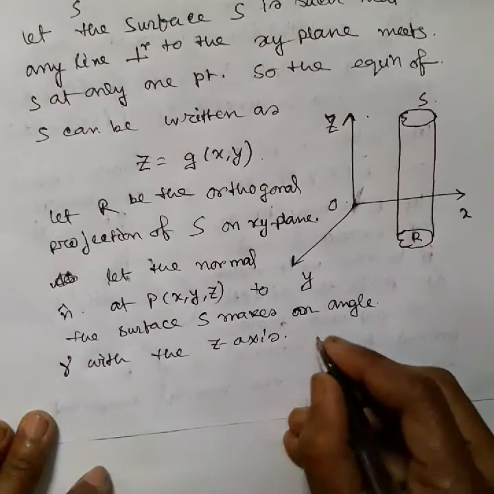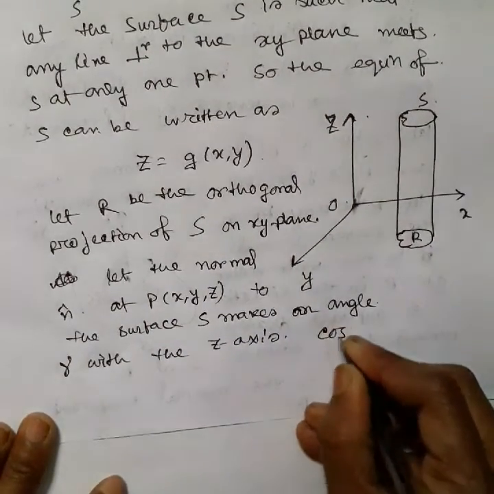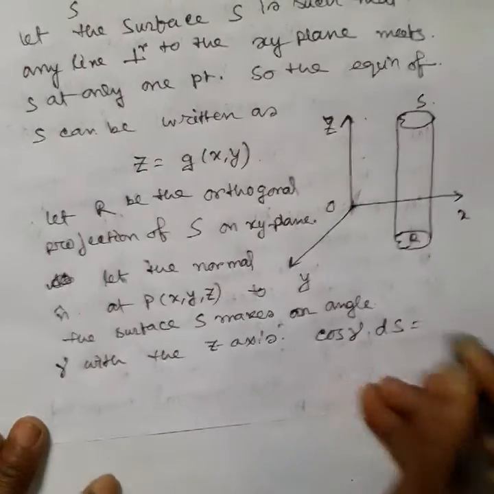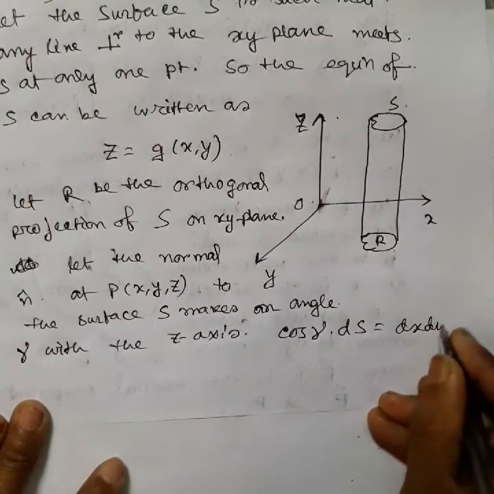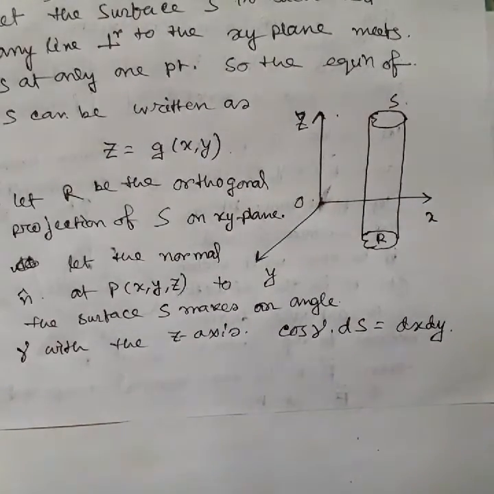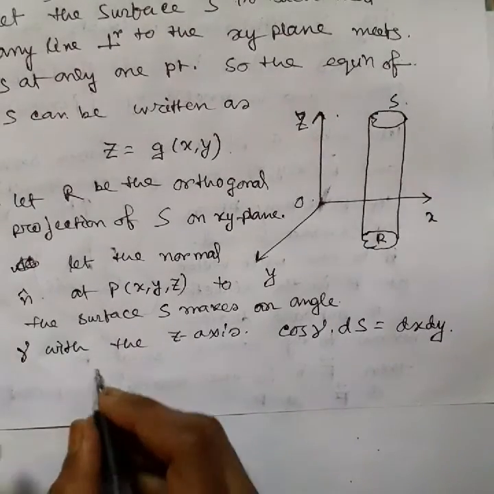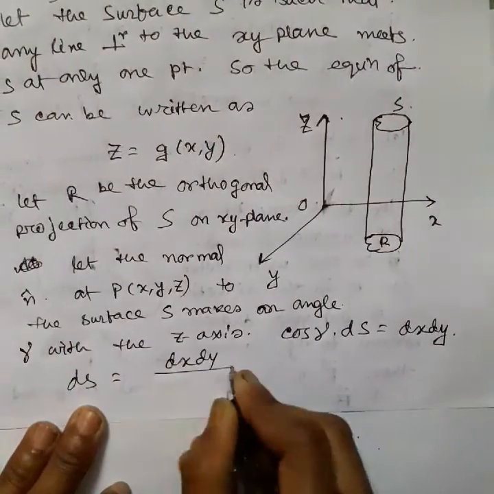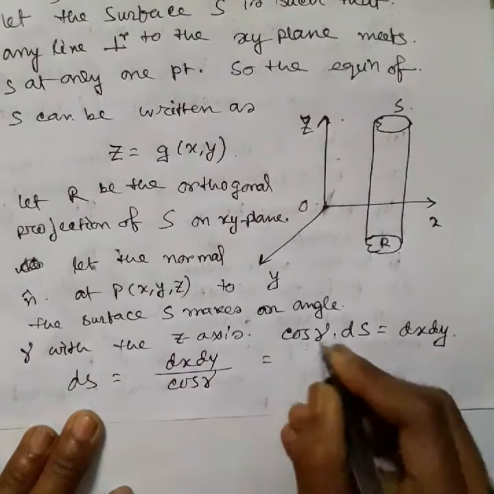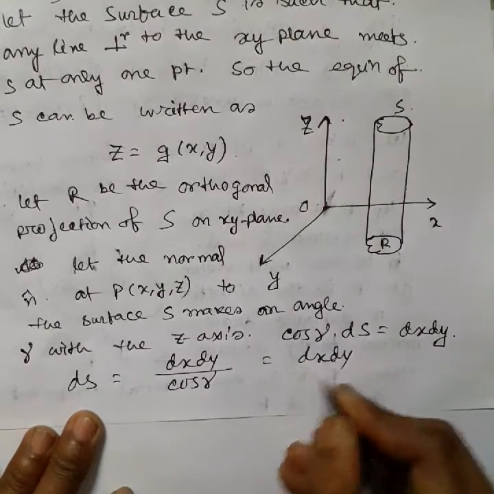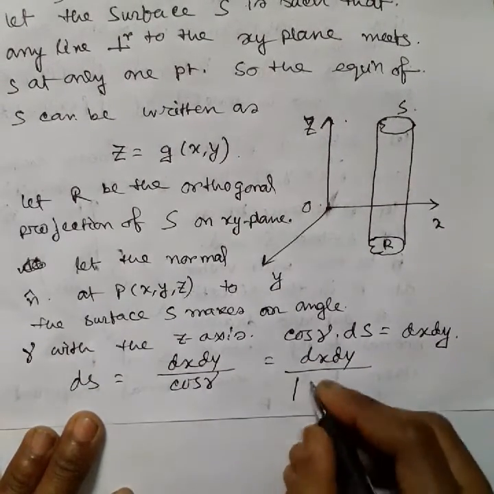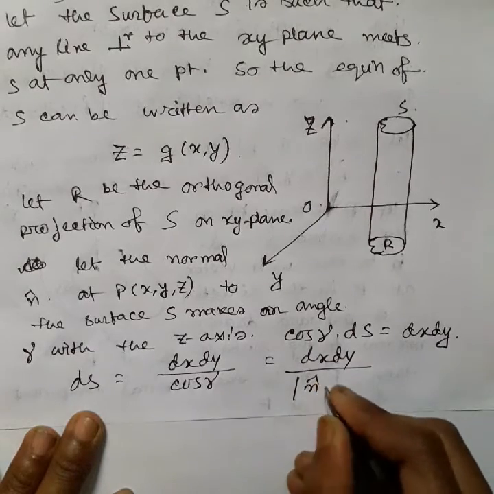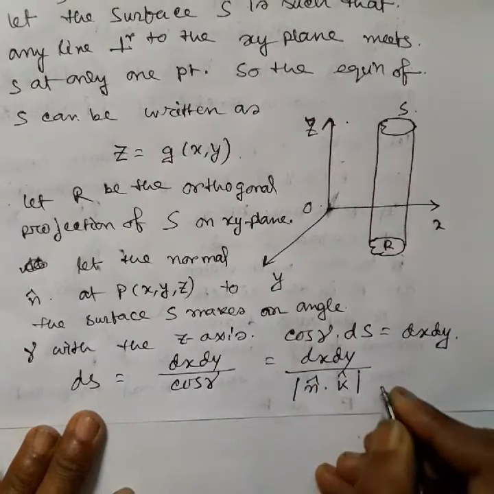Then cos gamma dS equals dx dy. So dS equals dx dy by cos gamma, which equals dx dy by magnitude of n dot k vector.